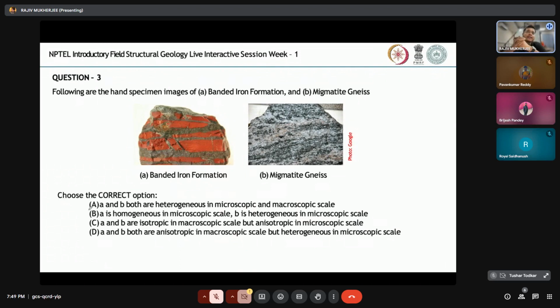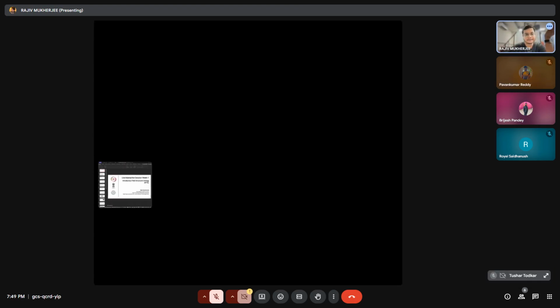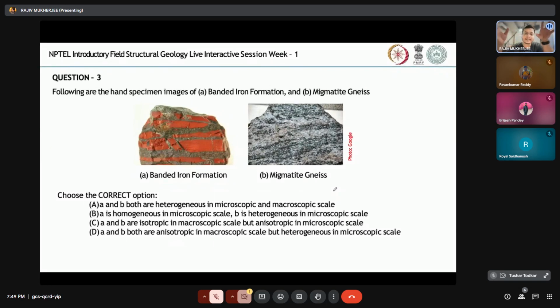If certain properties are X and Y, then if we go along one direction and find X, and if we go to another direction, we find Y, then we suggest that X and Y are equal if that is isotropic, and X and Y are not equal if the sample is anisotropic. So that is how option C is defined. And option D is that A and B both are anisotropic in macroscopic scale but heterogeneous in microscopic scale. Okay, so what will be the answer?